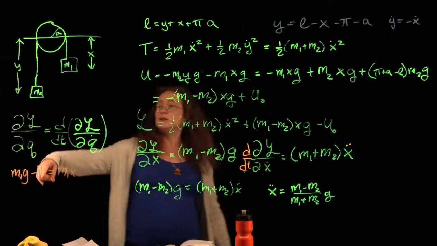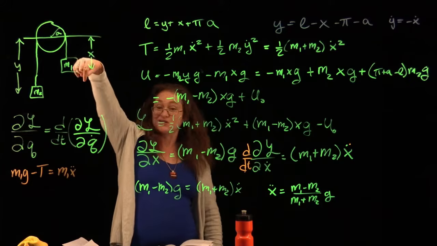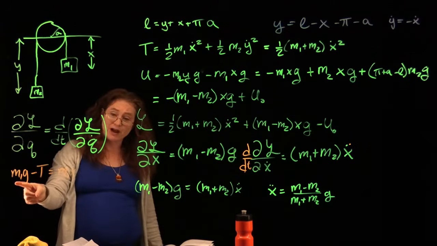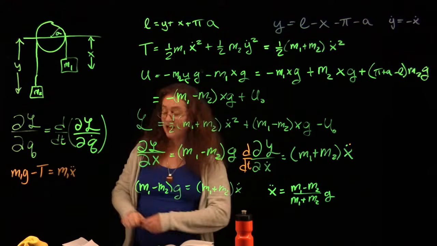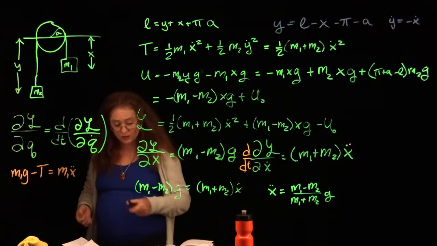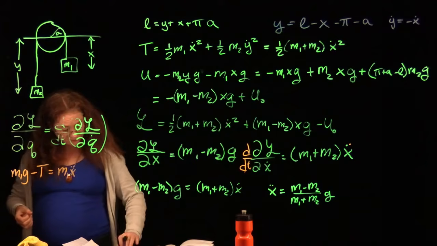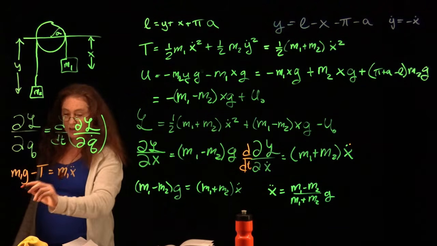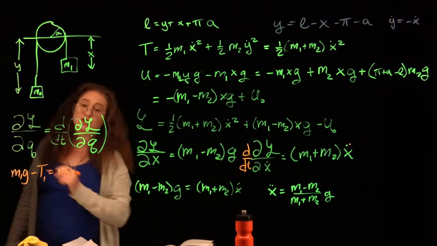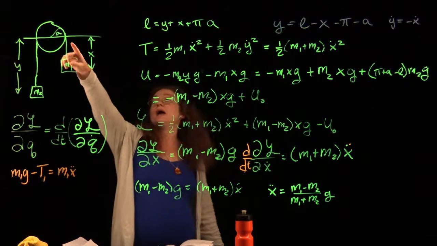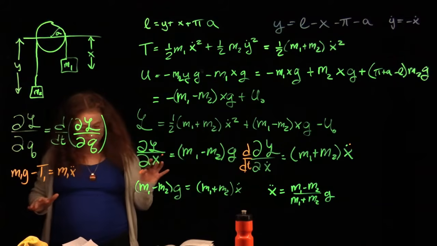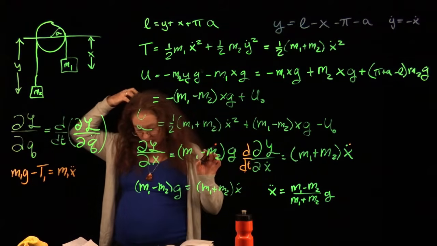Here my x is defined as positive when it is pointing down, which is the reason gravity is positive and tension is negative. Let me put this as tension 1, because if you had a massive pulley, you would in principle have a difference between the two tensions.